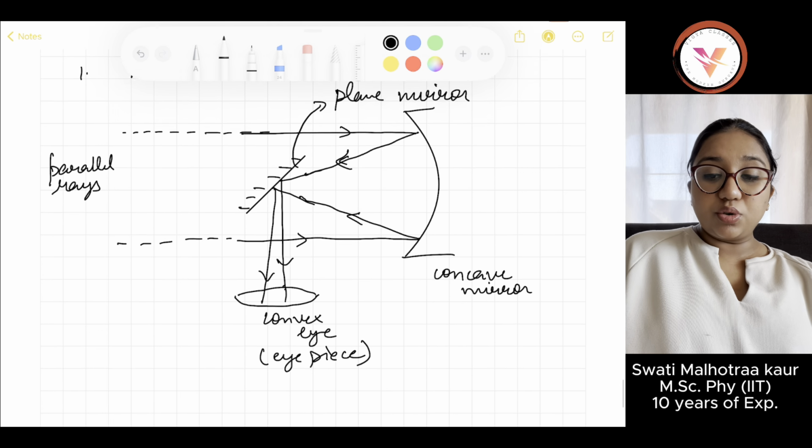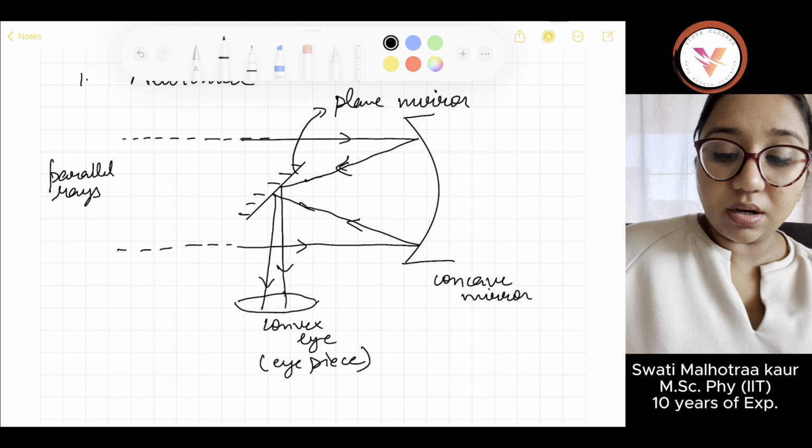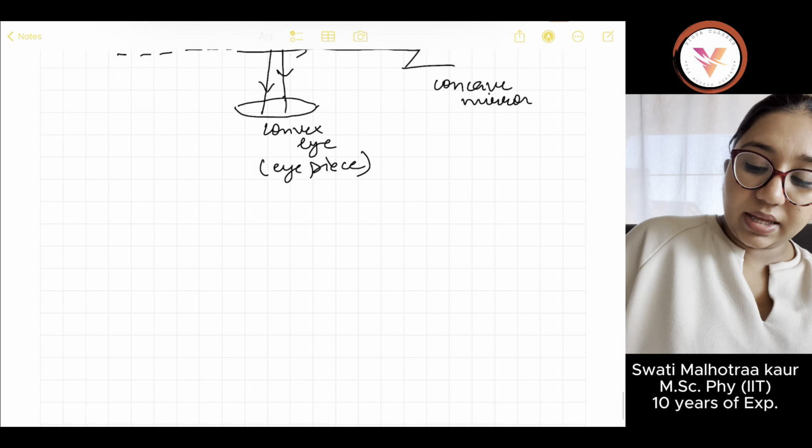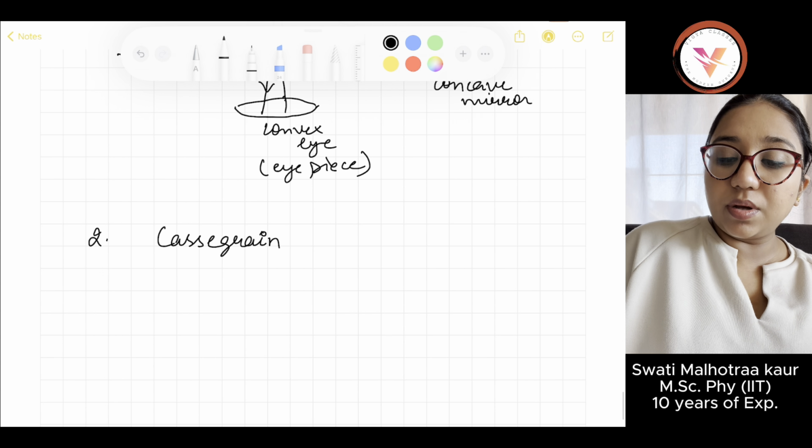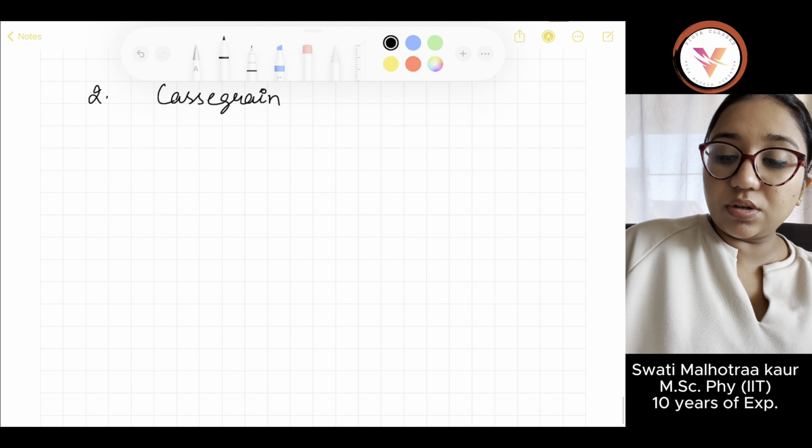Okay, so he uses a concave mirror and a plane mirror, and in the Cassegrain telescope, he uses a concave mirror.